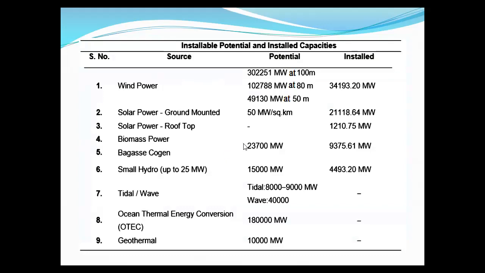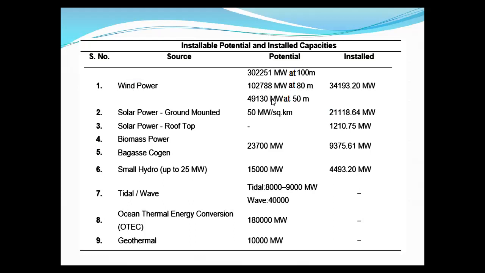Here, the typical potential of various renewable energy and installed capacity in India is shown. First, the renewable resource is wind power. At 100 meters, 3,02,251 megawatt is the potential. At 80 meters, we have 1,207,788 megawatt potential.